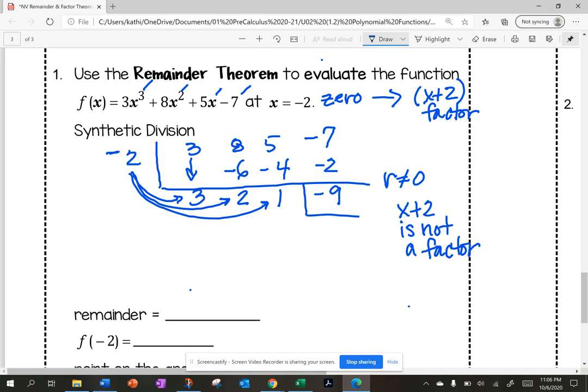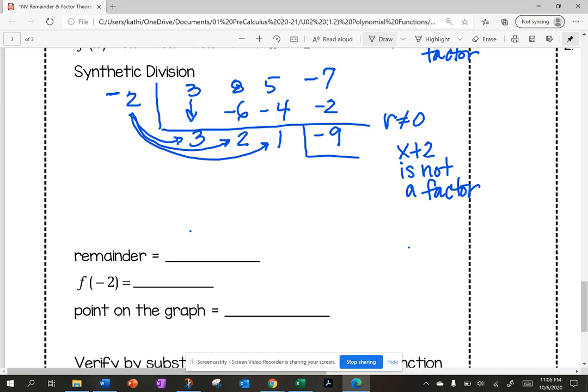Okay, so in this example, we said the remainder is -9. So another way of writing that is f evaluated at the zero, which is -2, equals -9. So the point on the graph would be (-2, -9).